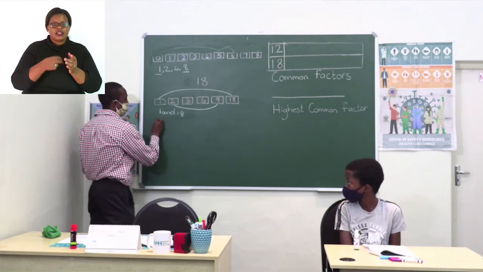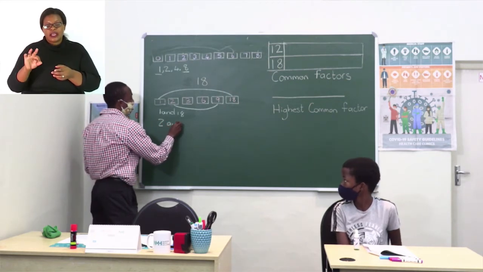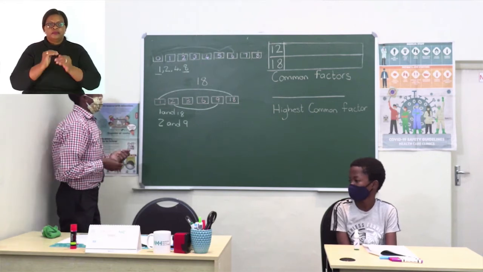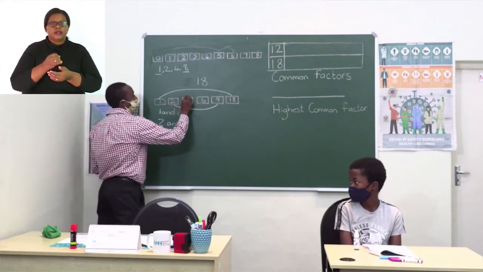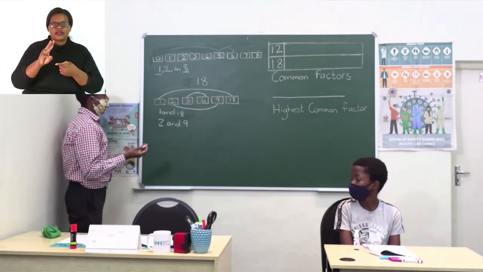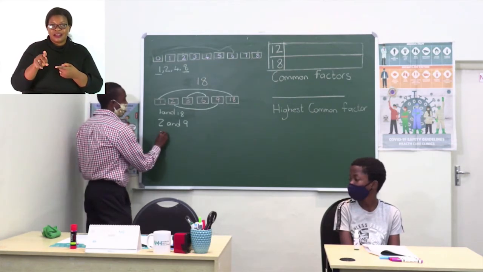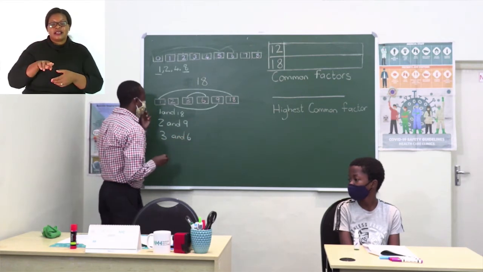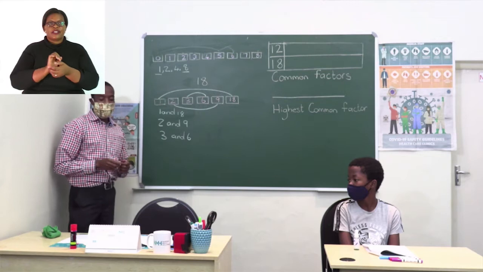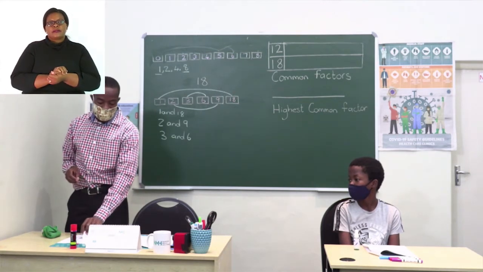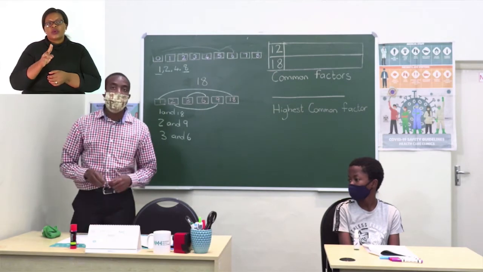So, another factor pair will be 2 and 9. And lastly, what is 3 times 6? 18. It's 18 again. So, 3 and 6 are factor pairs of 18. All right. So that is what we call factor pairs.